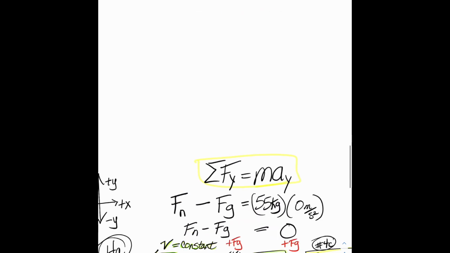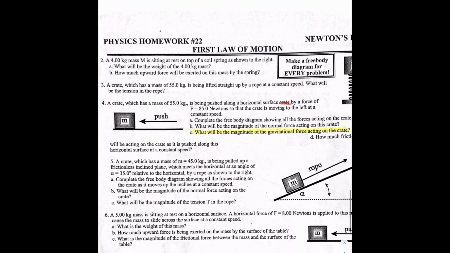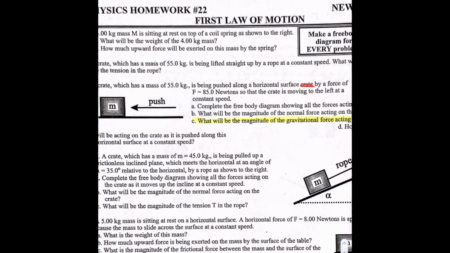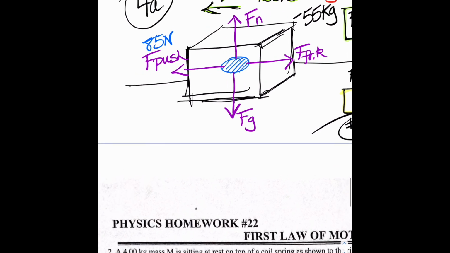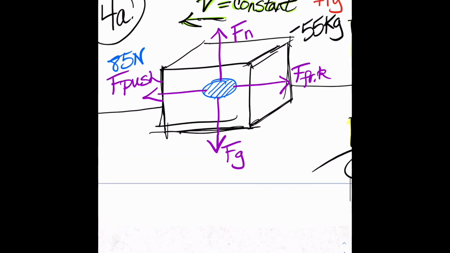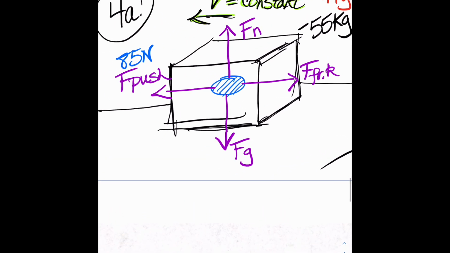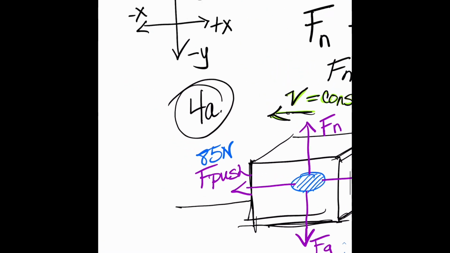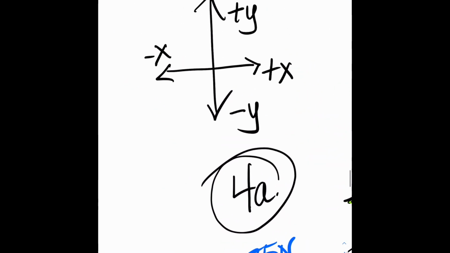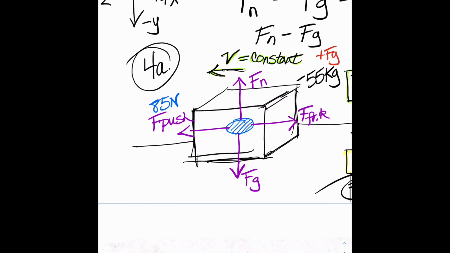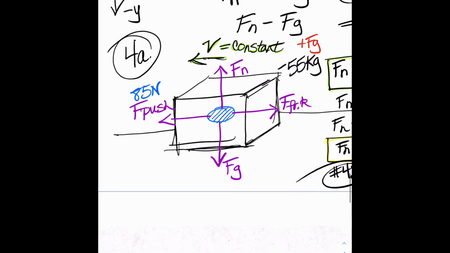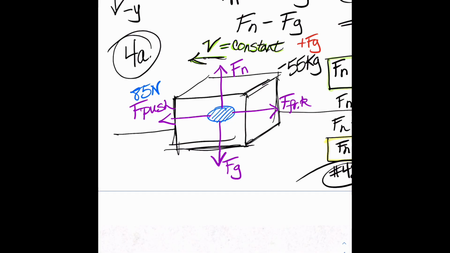All right, if we go back down here, we should probably look at this. This is much nicer. We already have all our forces labeled. We called left negative, right? In the negative x direction, and right the positive x direction. So in the negative x direction, we have force push, and in the positive right direction, we have force friction.